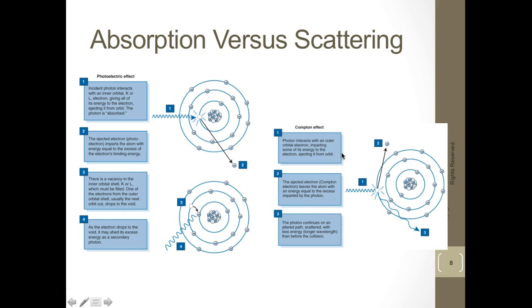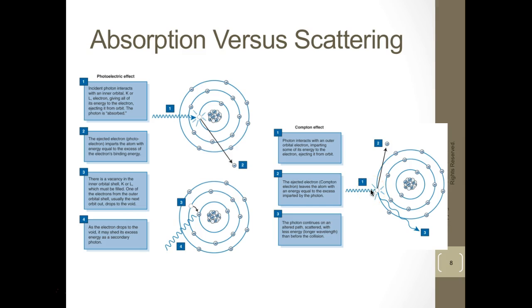All right, with Compton effect, this is scattering. Compton scatters, another way to remember it. The photon interacts with the outer orbiting electron, imparting some of its energy to the electron, ejecting it from orbit.